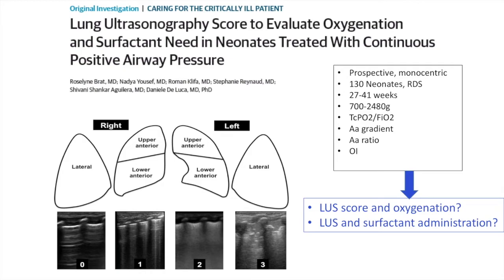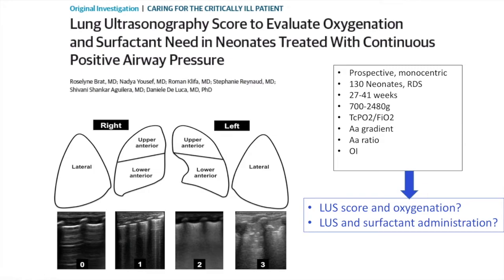The authors created a score based on the assessment of 6 lung regions. Each region had a score of 0 if the lung looked normal, 1 if you have lung rockets, 2 if lungs were white, and 3 if you could see consolidation.